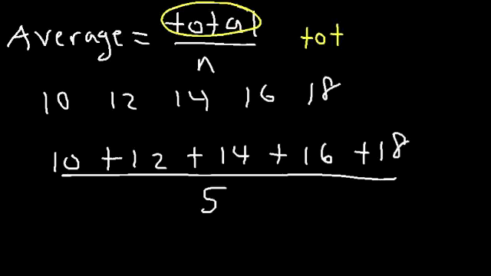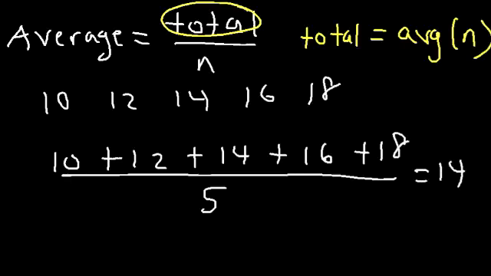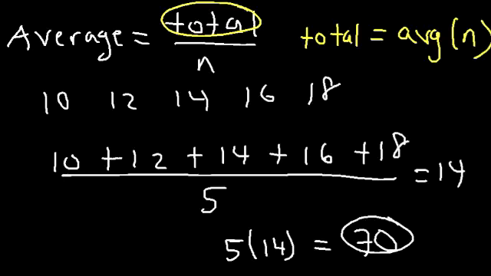The total value is equal to the average times n. Let's calculate the average. 10 plus 12 plus 14 plus 16 plus 18 divided by 5 is 14. So the average is 14. Also, 5 times 14 is 70, and 70 represents the sum of the 5 numbers.